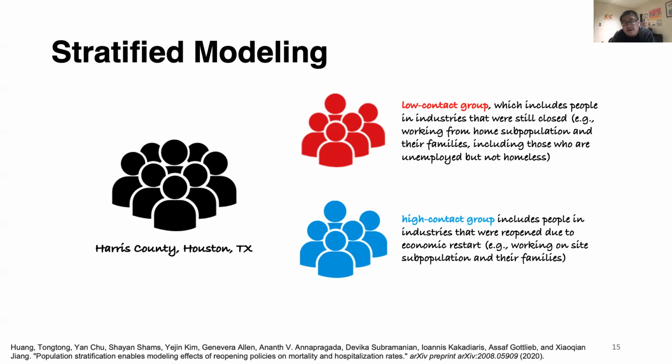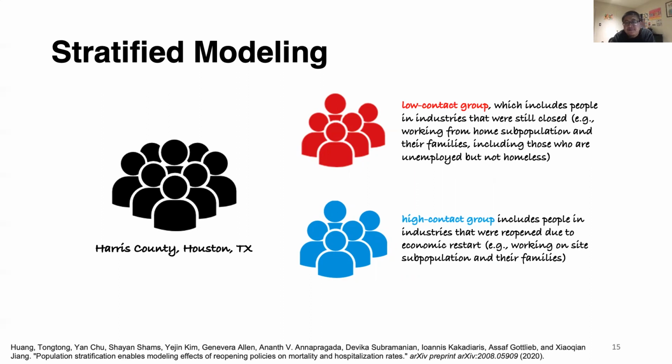stratify the area into different homogeneous regions, and the geographical area the author studied is Harris County in Houston, and they consider that people get infected either through family transmission or through social activities. In the transition from strict stay at home to reopening, the population is subject to changes in their social activities, which impacted their probability of infection as well as their risk of transmission to their family members.